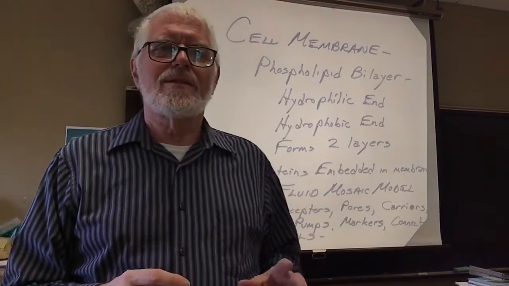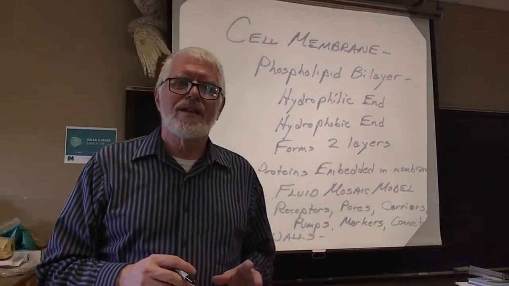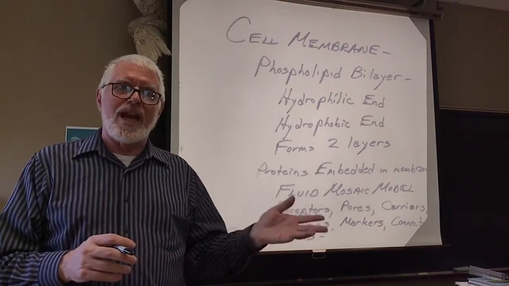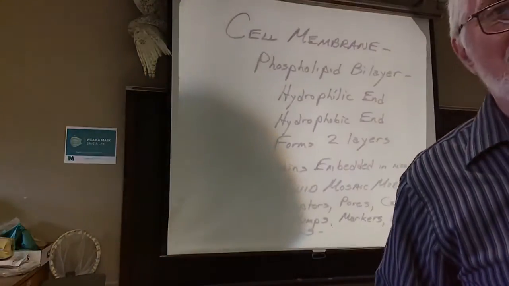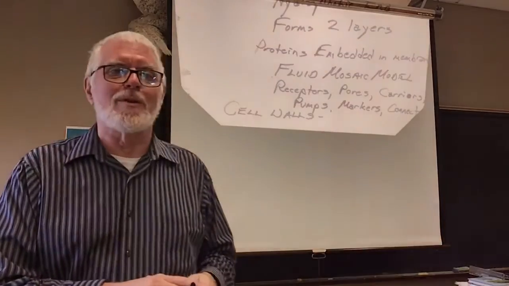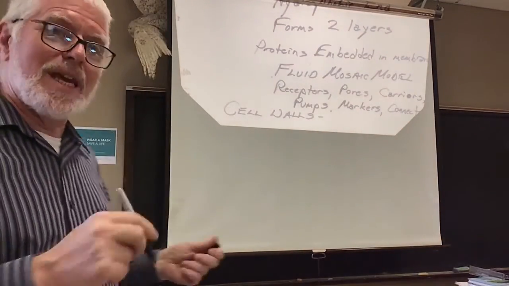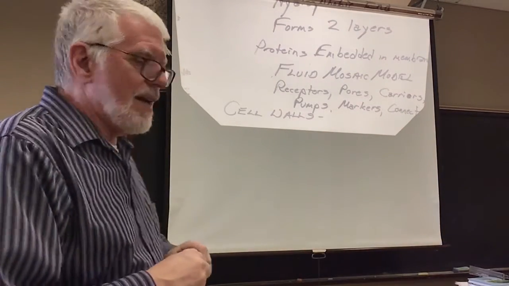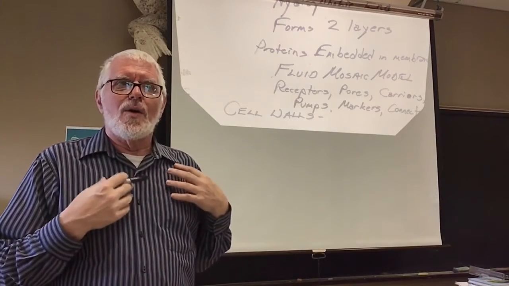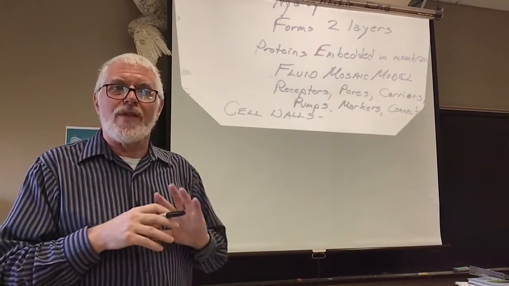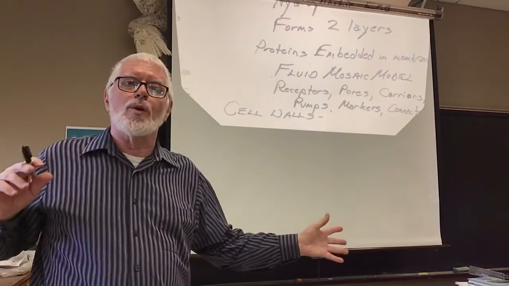Plants do this, funguses do this, bacteria do this, so Monera and Archaea have cell walls. Hope you're writing this down because I'm going to expect you to remember this or be able to find it later. Animals, no cell walls.